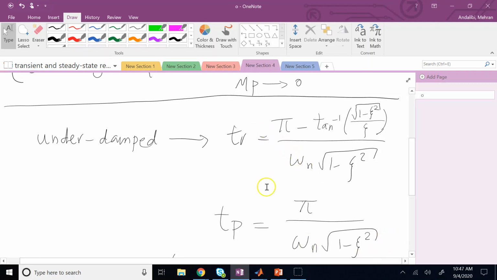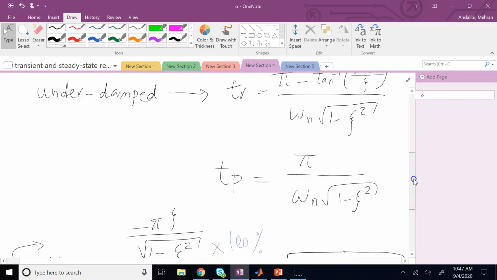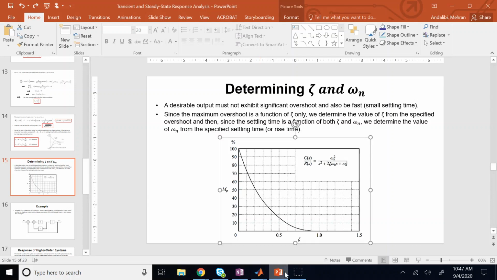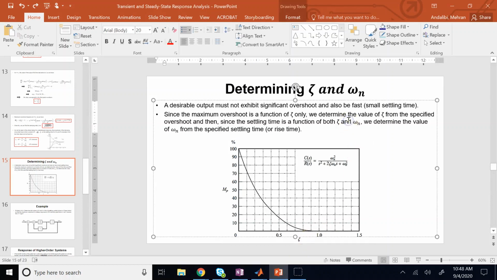They might give you a rise time and a settling time. Then you will have two equations, one between zeta and omega n, and another between zeta and omega n. It depends on what they give you, but they typically give you two parameters, and you have two unknowns, zeta and omega n, that you solve for, and then you determine your transfer function.